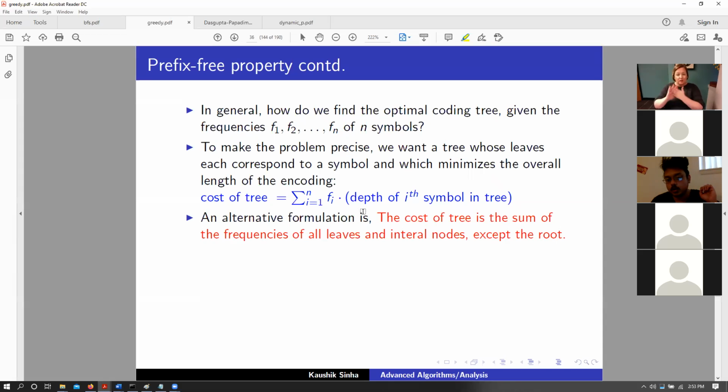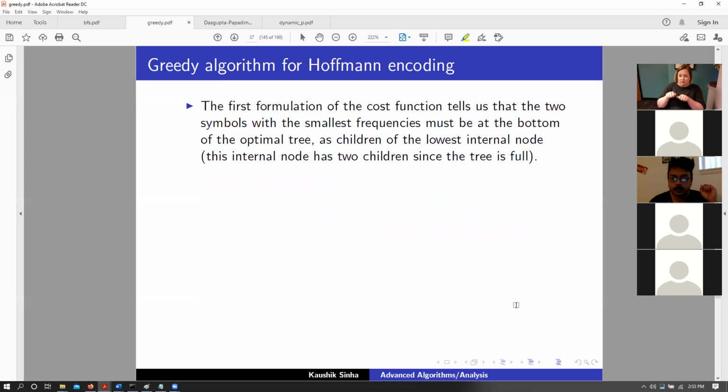Essentially the goal is that the cost of the tree needs to be minimized, and what we want to do is minimize this entire cost such that except the root, all the other nodes have as few bit representations as possible with respect to their frequency, right?